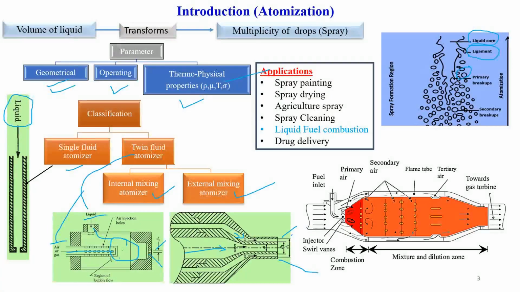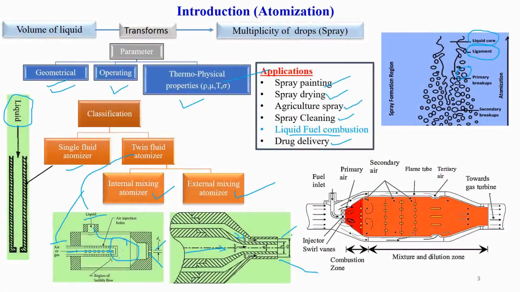There are many applications of spray, such as spray painting, spray drying, agricultural spray, spray cleaning, liquid fuel combustion, and drug delivery. Here I already explained about the combustion chamber, where we can use this liquid atomizer for the fuel to create a finer spray for the combustion purpose.